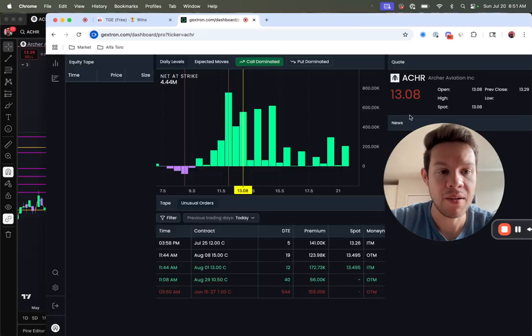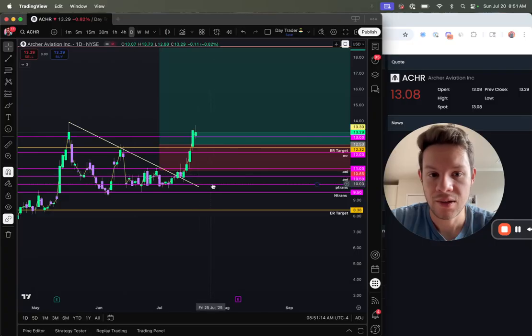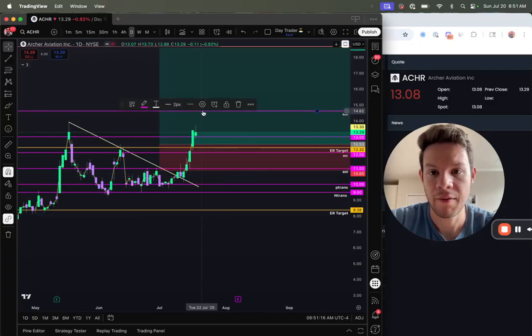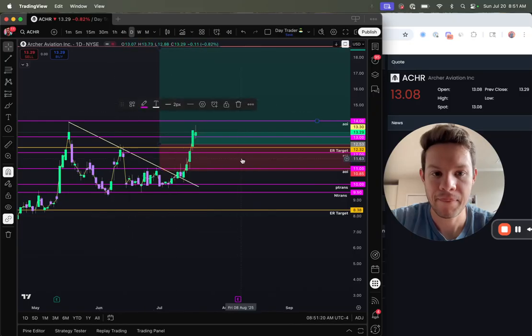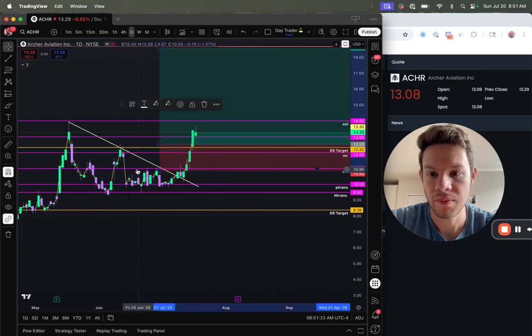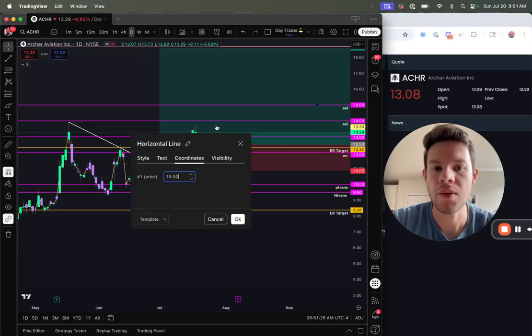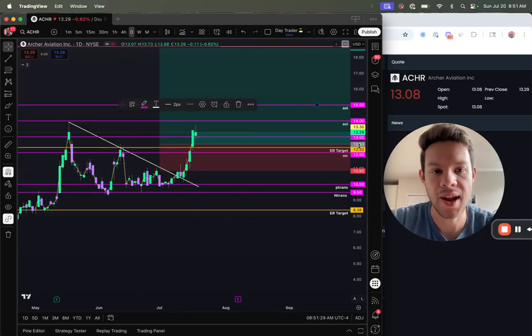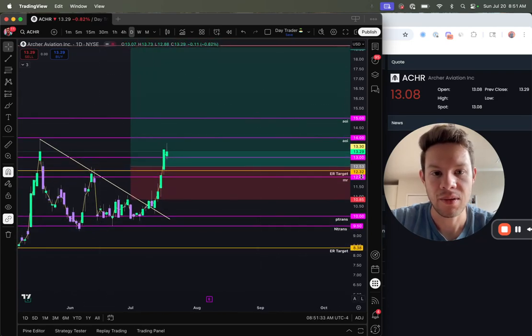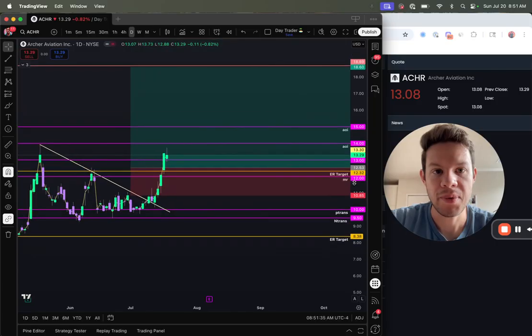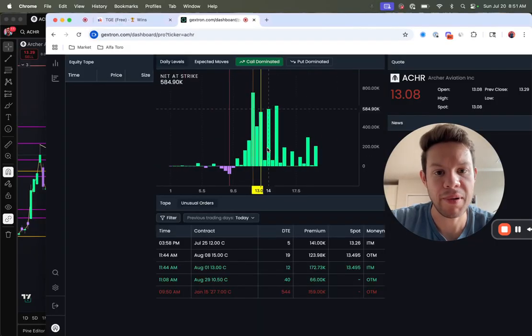Now what I need to mark is 14 and 15 here. So I'm just going to use these lines here, 14. And I'm going to use this one too. I'm just going to change this one. So these are the current levels for ACHR as of right now. I do see potential 17 to 18 in the long-term future, which is why we have LEAP contracts.